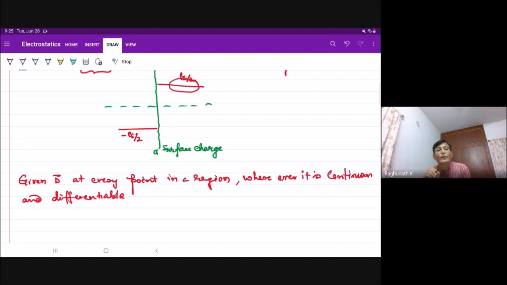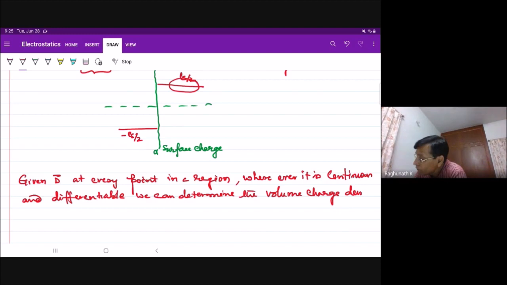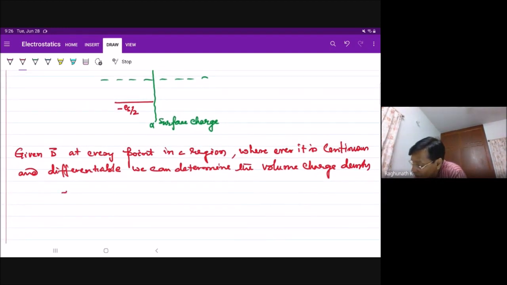If D bar at every point in a region, wherever given D bar, wherever it is continuous and differentiable, we can determine the volume charge density rho v using what?